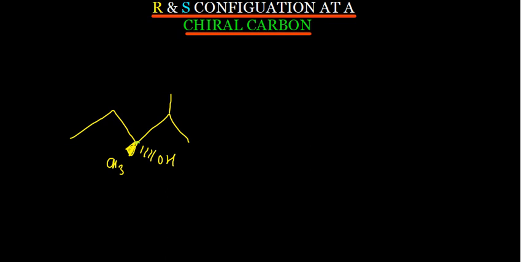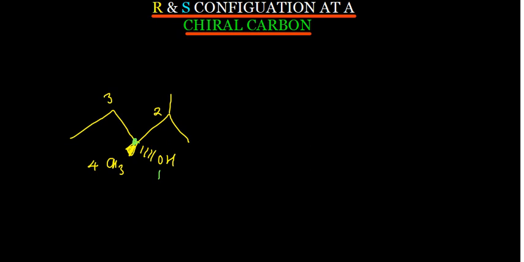We know this is going to be the chiral carbon, and the first group is going to be this one, followed by which group? In this case, the next group is going to be this one because it has got a higher molar mass in comparison to these others. This is supposed to be the second group. Which one is going to be the third? The third group is supposed to be this one, and then this is going to be the fourth.